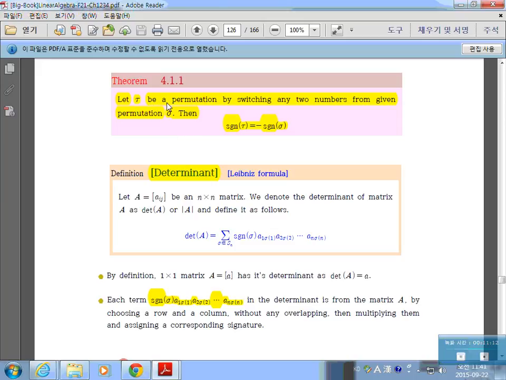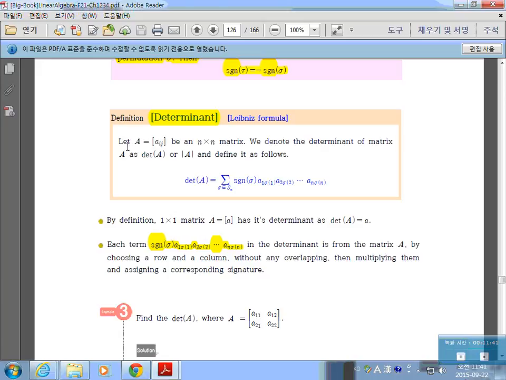If tau is a permutation obtained by switching any 2 numbers from a given permutation sigma, then the signature of tau is the same as minus the signature of sigma. If you change 2 numbers, it changes the parity of the permutation from odd to even and even to odd.